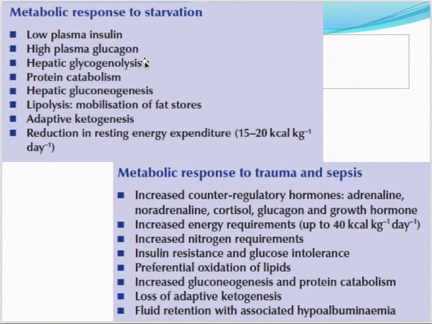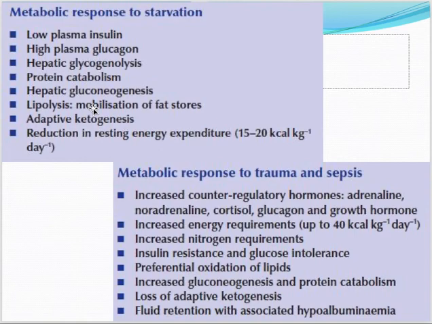Other than that, you can see over here there will be protein catabolism, and there will be hepatic gluconeogenesis. So we all know what is gluconeogenesis, formation of glucose from non-carbohydrate precursors.